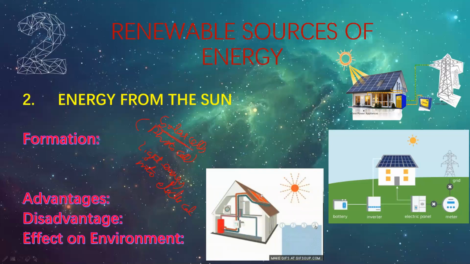When the sun rays or the sunlight fall on the system, there are water channels beneath it. When it heats the water, there is a copper piping system. The hot water, as you know, always rises to the top, and it is then distributed in the house.